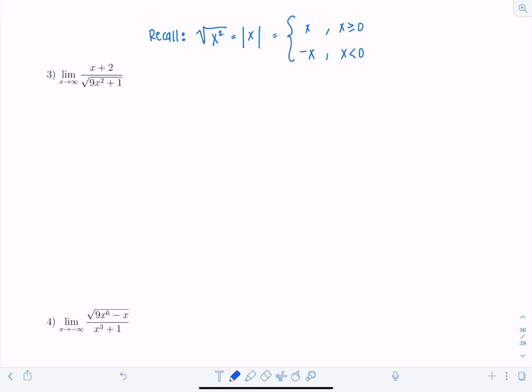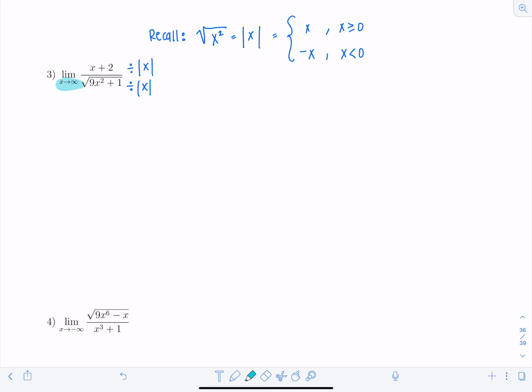So we need to be careful here, because when I divide out by the highest power of x in the denominator, in this case I'm going to divide by the absolute value of x. Now I have to decide which piece of the piecewise function applies in this limit. So what you need to do is look at which way x is going. X is going towards positive infinity.